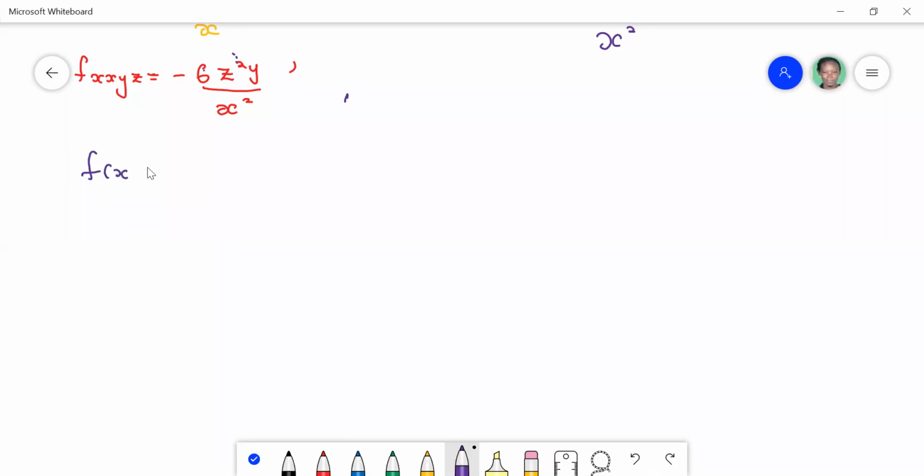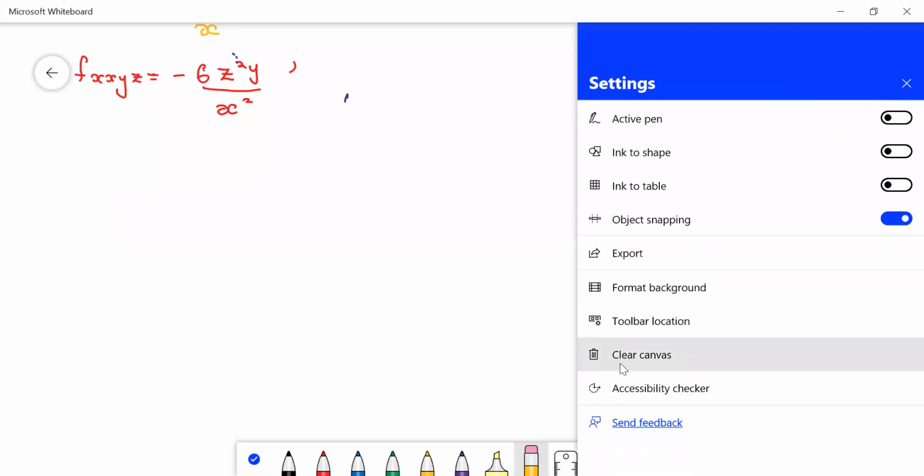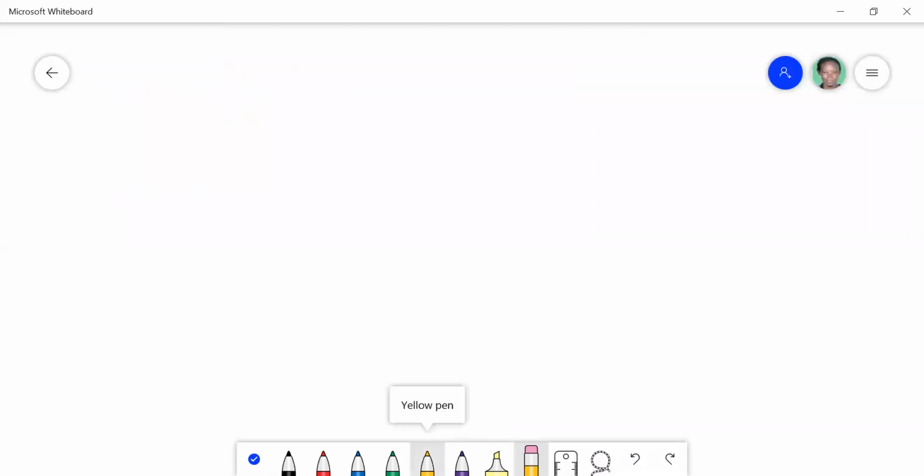f of x. Let's say f of x, y, and z to be equal to... Okay, so before then, we have total differentials.